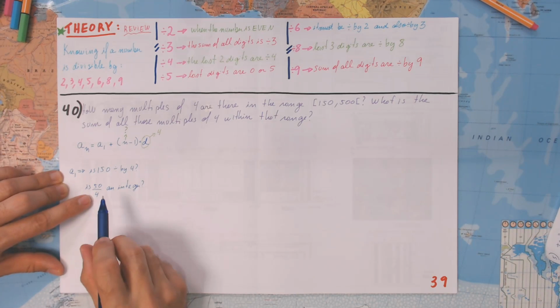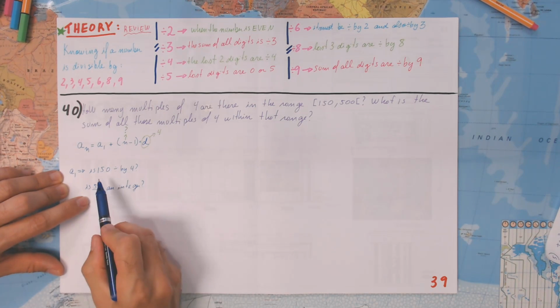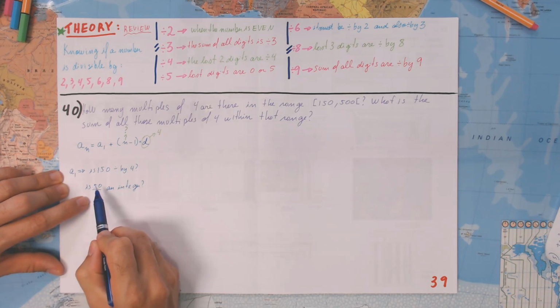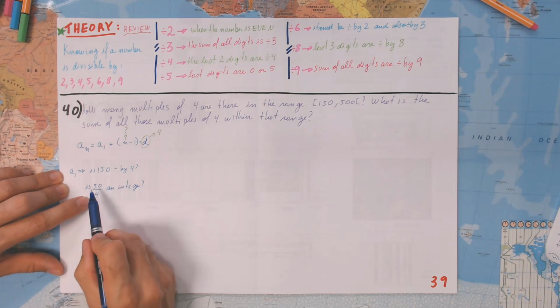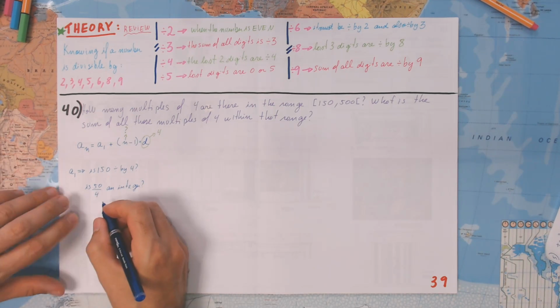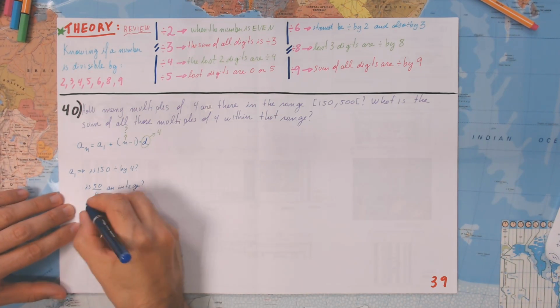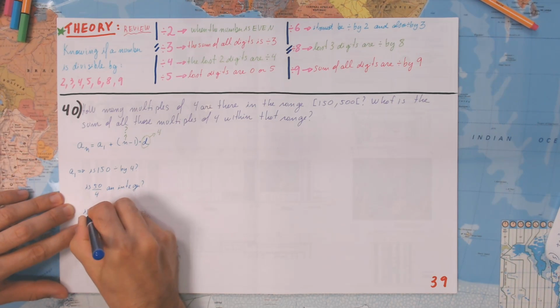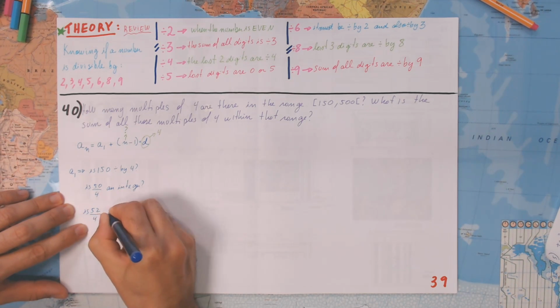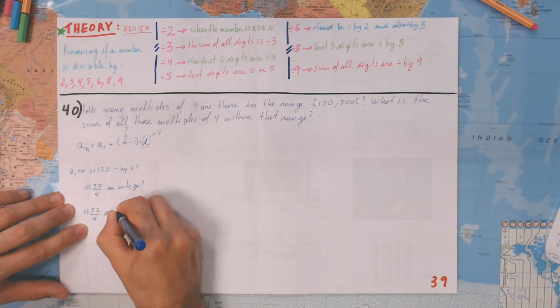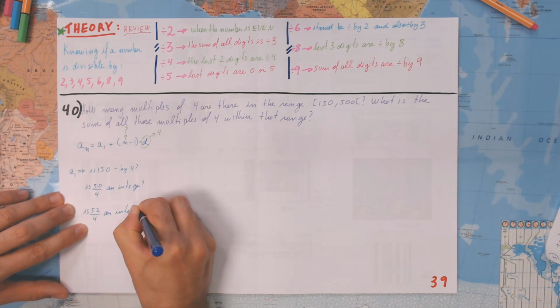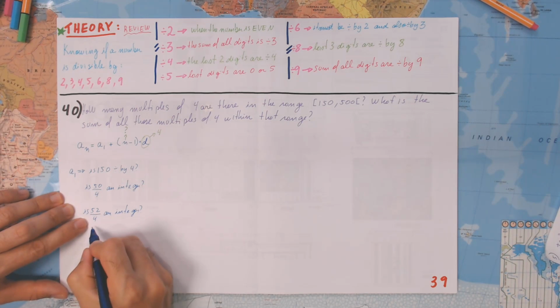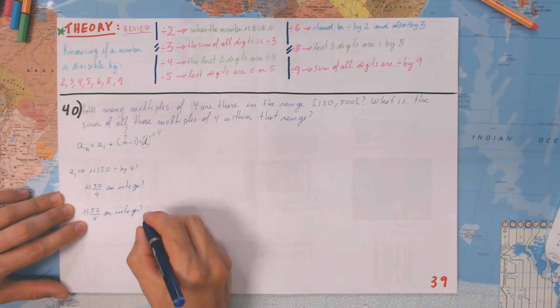Now, what can you try? What about 52? Yes, I believe 52 does the job. Why? Let's see. Is 52 divisible by 4, an integer? Well, 52 divided by 2 is 26, right? And 26 divided by 2 is 13, yes.